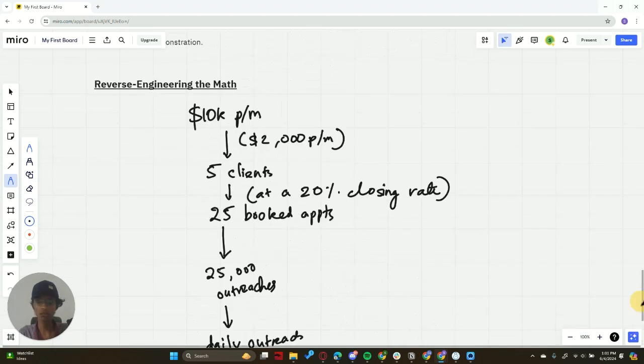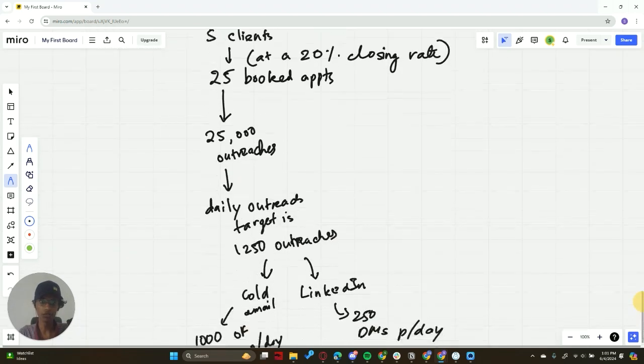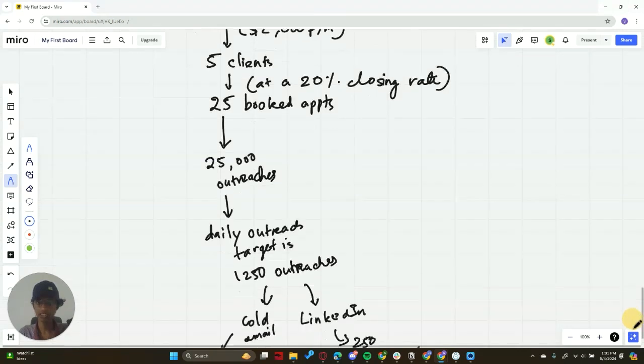This is how you would go about reverse engineering the math, right?